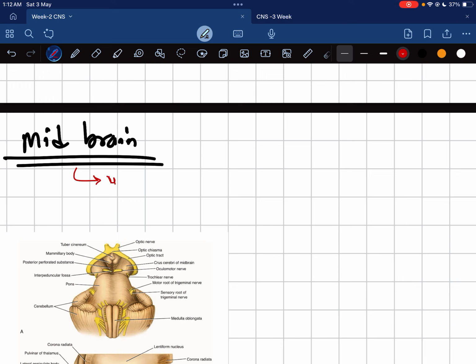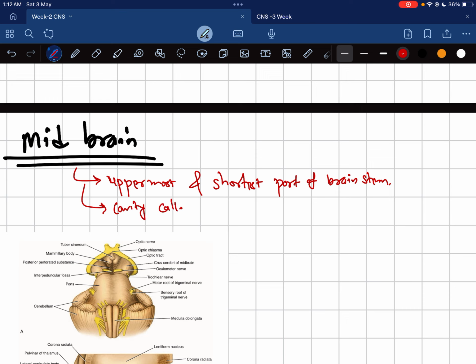It is the uppermost and shortest part of the brainstem, and it has a cavity called the cerebral aqueduct, or aqueduct of Sylvius.